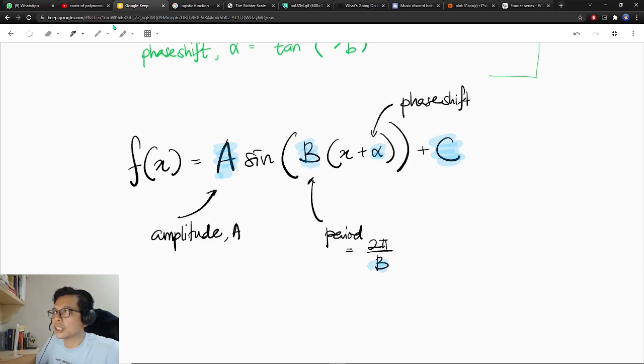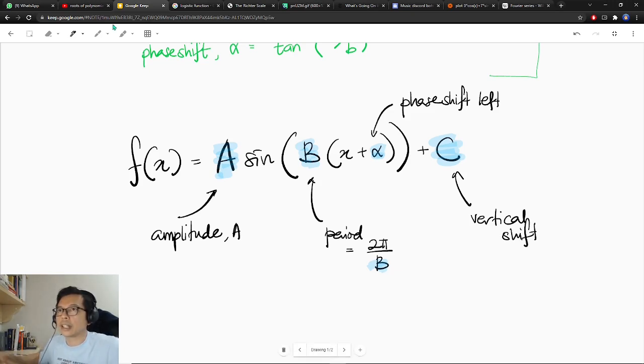I will put phase shift left because any positive number here will move it to the left. And then this is what we call vertical shift.